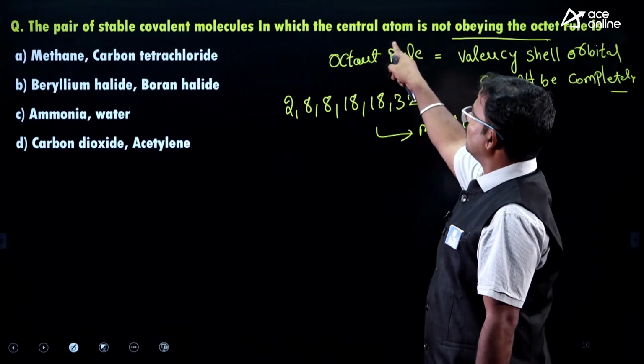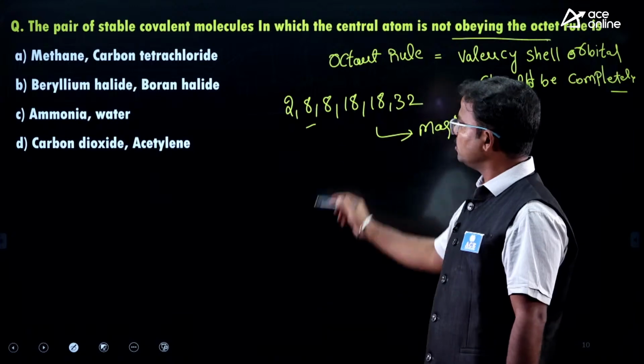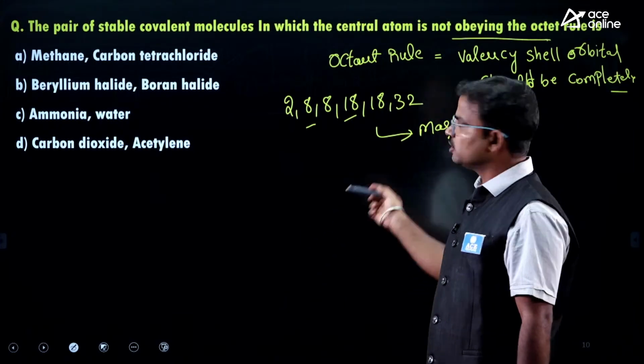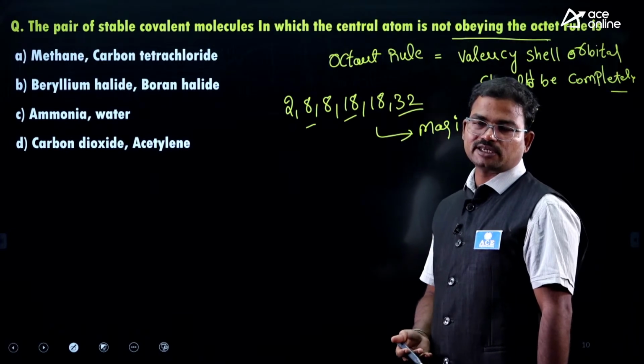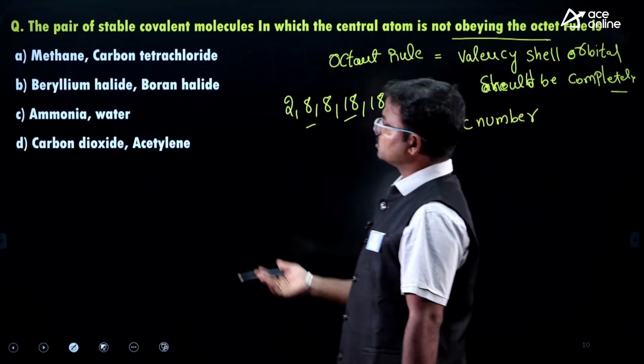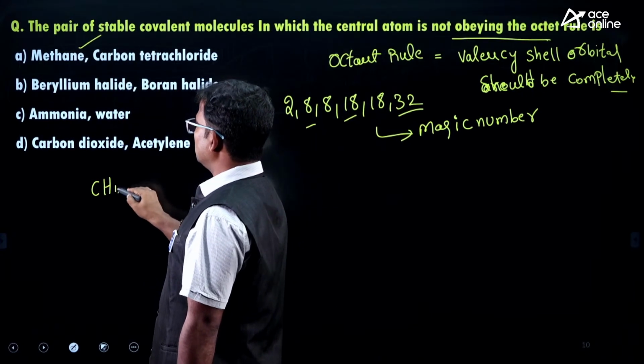Then it obeys the octet rule. Octet rule means not only 8 electrons, if it is having 18 electrons or even 32 electrons, they also exhibit more stability, right? So CH4, methane, exhibits the octet rule.